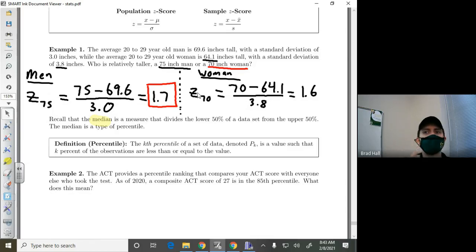So by providing me the median, you're telling me a boundary that separates the top 50% from the lower 50%. And this idea is known as a percentile. The kth percentile is a value stated such that k% of the values are less than or equal to that particular value.